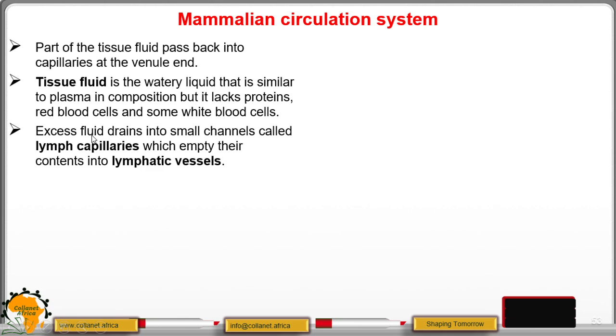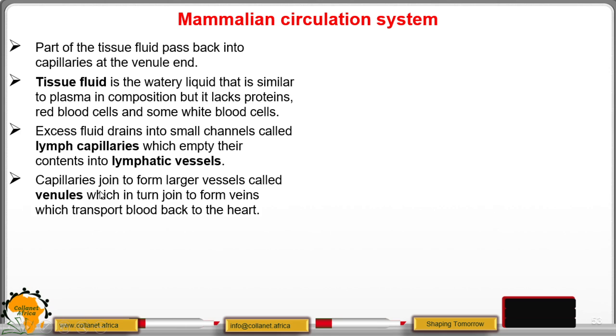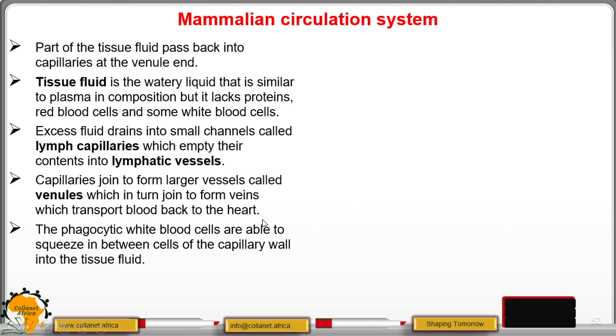The excess tissue fluid drains into small channels called the lymph capillaries, which empty their contents into the lymphatic vessels. Capillaries then join to form larger vessels called the venules. These venules join to form veins that transport blood back to the heart.